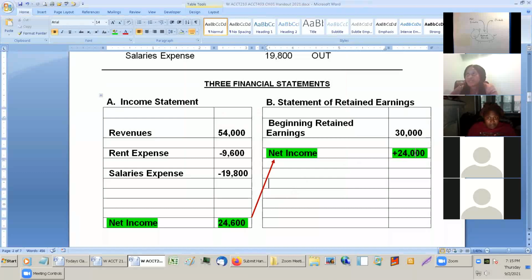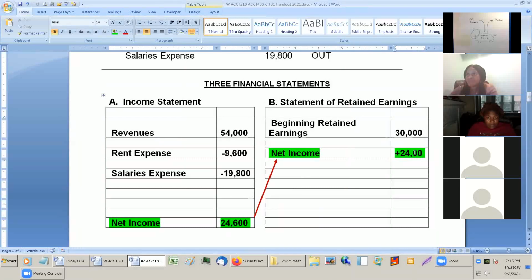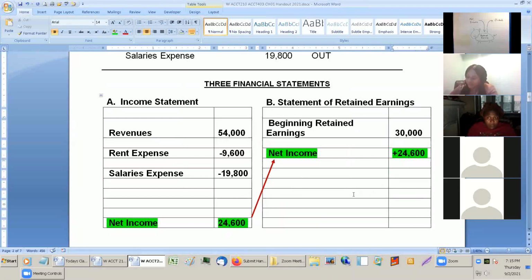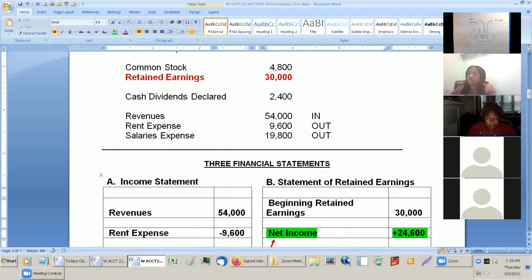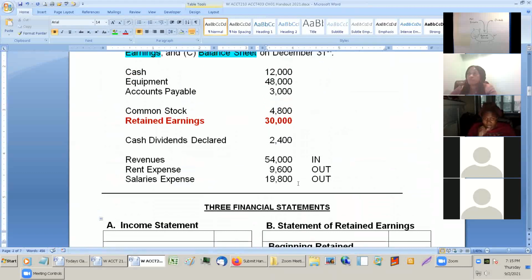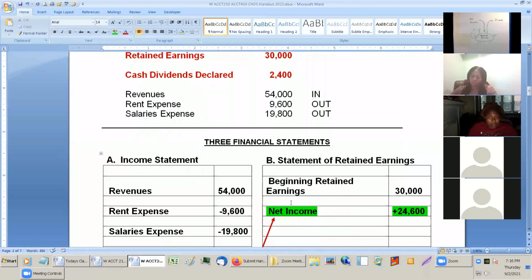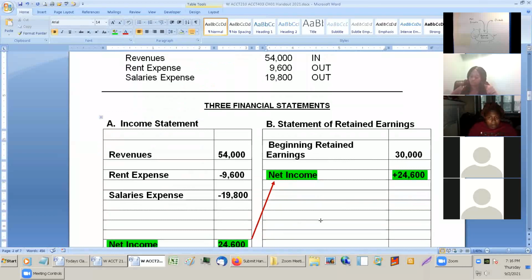It should be 24,600. Yep, very good, thank you. So that net income is going into the piggy bank. Now they're taking money out of the piggy bank with the dividends. So this is money the owners are taking out.